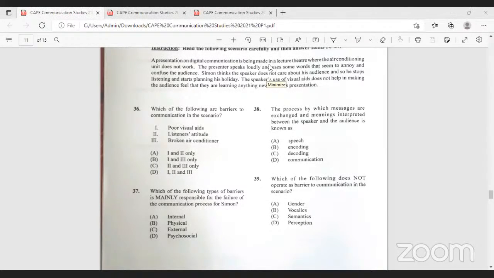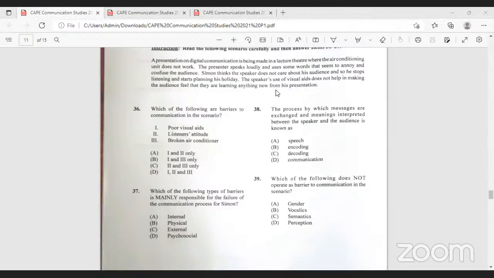Yeah, psychosocial is really like state of mind. 37 B, 38. Do we see that 38 is D as well? Communication. Need one person to say yes. Then we can move on. Everybody? All right. 38 is D.